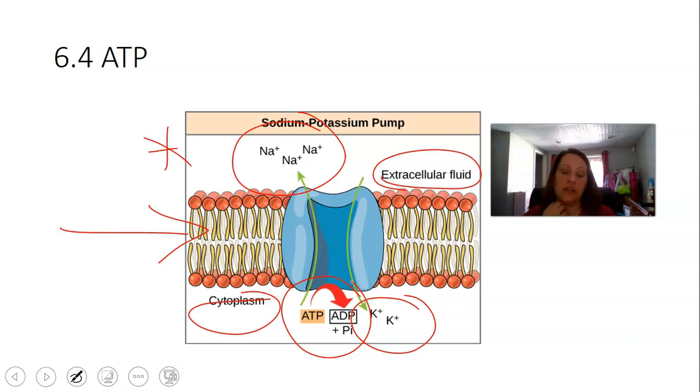So that negative 7.3 kilocalories per mole of energy gets transferred to the carrier protein. The carrier protein changes shape, and then that terminal phosphate group comes off of the carrier protein. And the process is done. So that energy is going to be used to change the shape of that protein carrier.